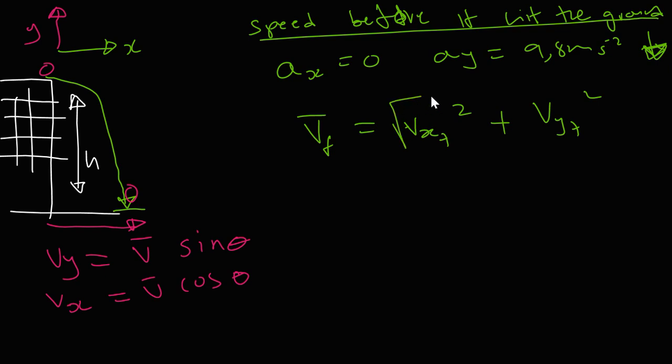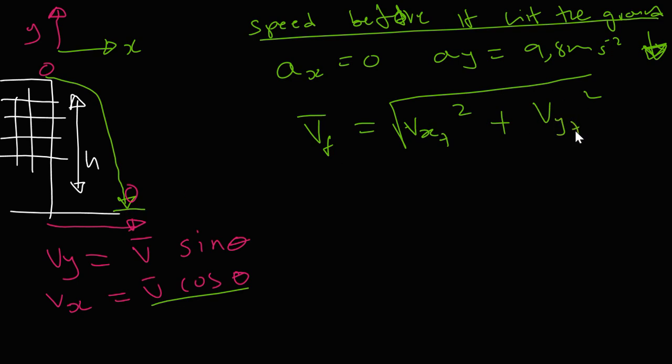That should be all under a root because we borrowed this from Pythagoras, right? So we can now get the final velocity, the velocity at which the ball hit the ground. Remember, we get the Vx from here, because it has not been changing throughout.